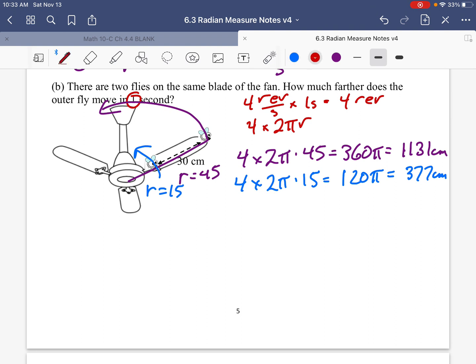And 377 centimeters. So what's the difference? Well, note here we're subtracting. Now you'll notice I keep writing this in terms of pi. In the good old days, we would leave it like that and write it as pi at the end.